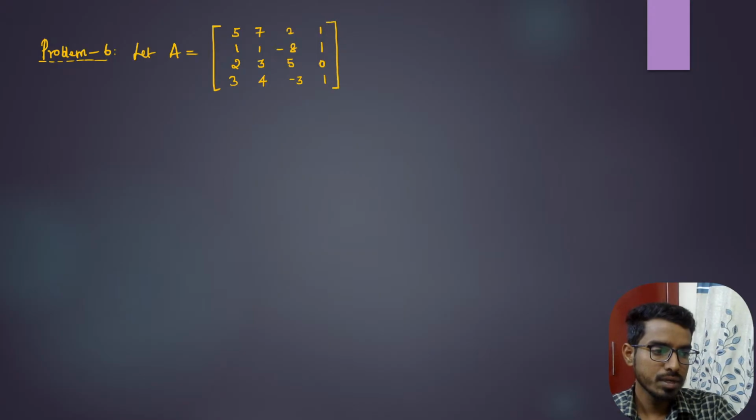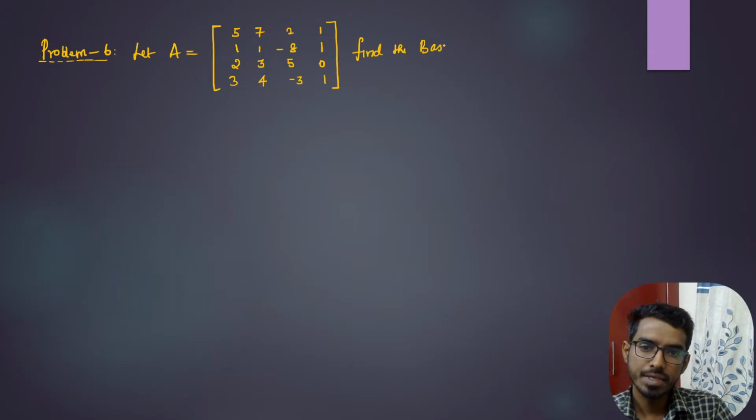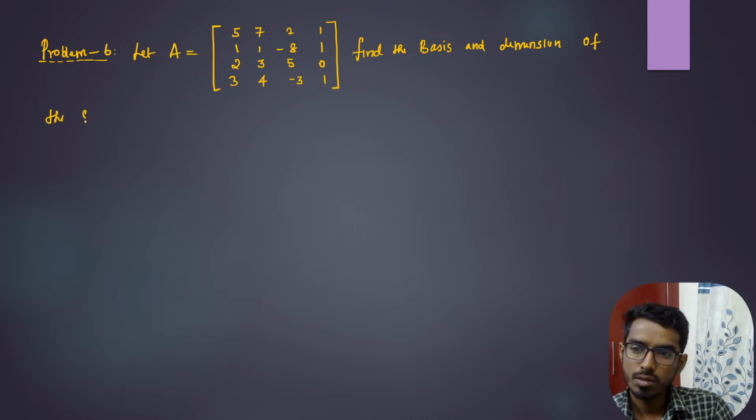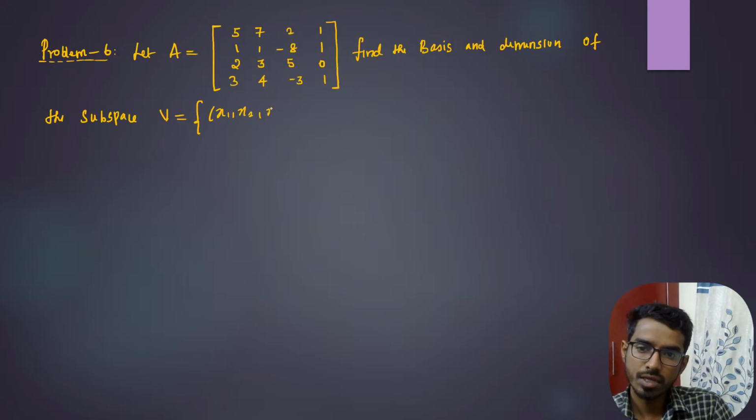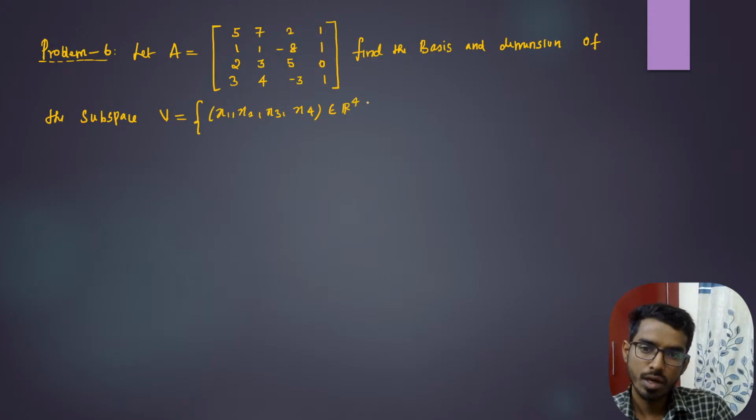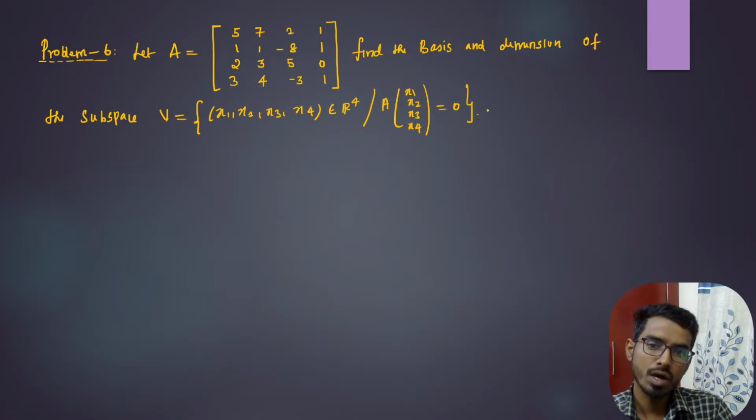They have asked us to find the basis and dimension of the subspace B. So B consists of all those vectors x1, x2, x3, x4 in R4 such that A times (x1, x2, x3, x4) gives a zero vector of R4, right?